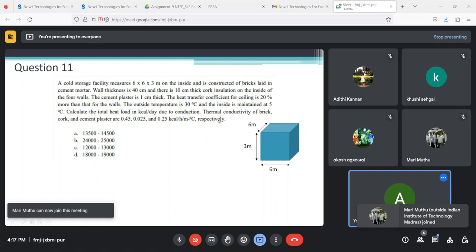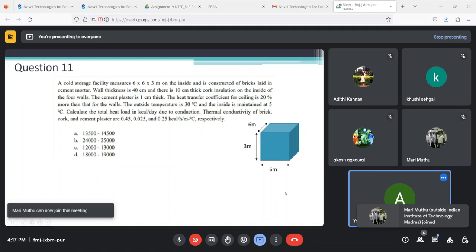The thermal conductivity of the brick, cork and the cement plaster, the three layers, are 0.45, 0.025 and 0.25 kilocal per hour per meter degree Celsius respectively. So you need to find out the amount of heat load, or the rate at which the heat is transferred out. Heat is transferred in terms of kilocalories per day.